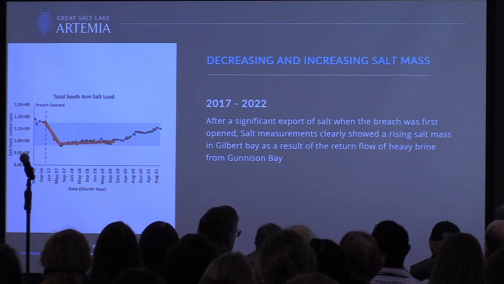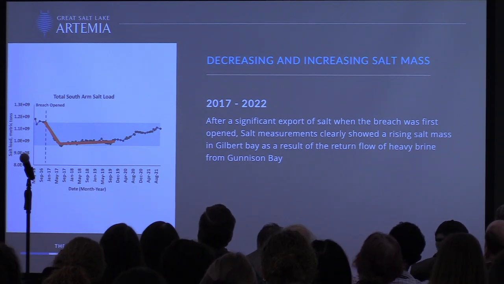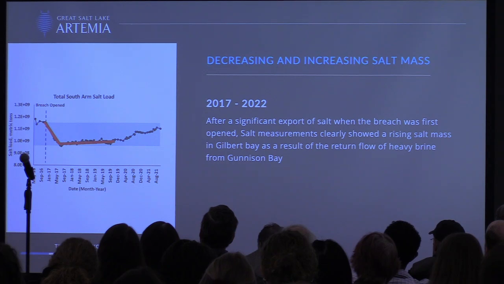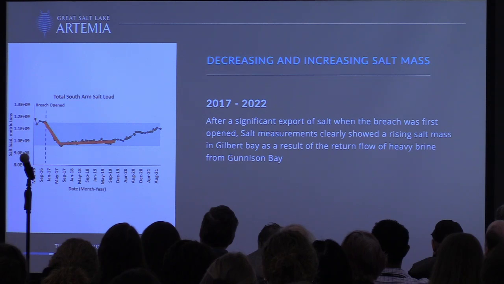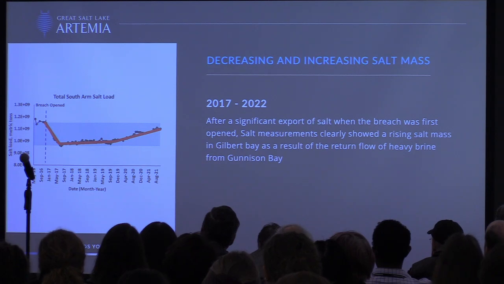Then we have a period of time of more or less stability between export of salt to the north and re-import of heavy brine to the south arm. And then as that head difference subsided, we start to see a re-import of salt into the south arm from the north. So there's heavy brine actually flowing back to the south from the north arm.